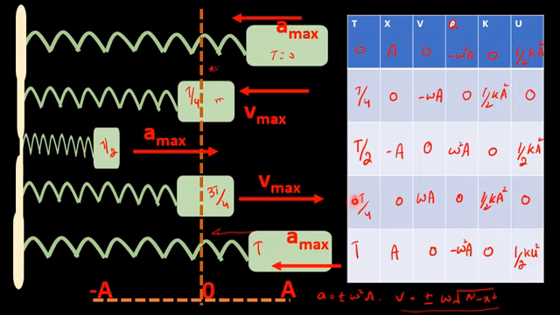Okay, now we will go to some examples of simple harmonic oscillator type motions. Let's take the most common example: the motion of molecules or atoms in solids.